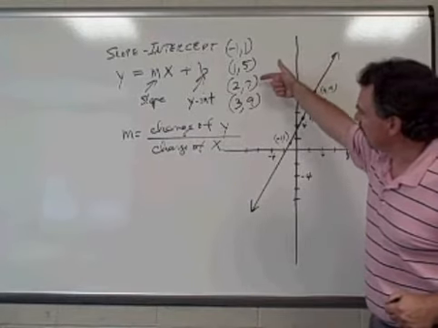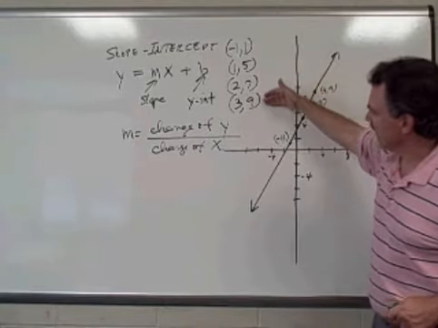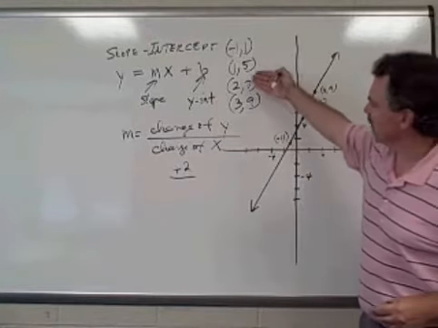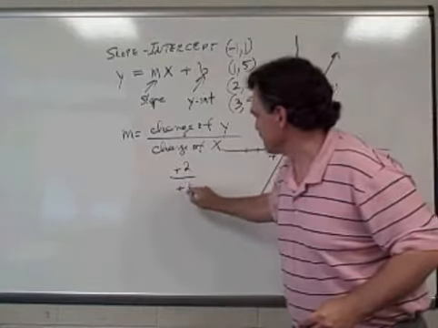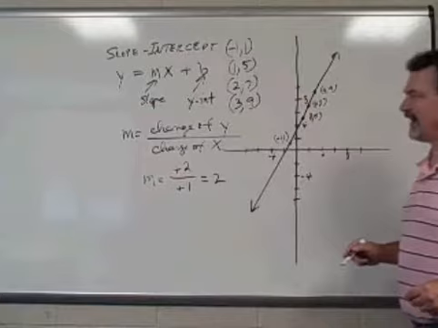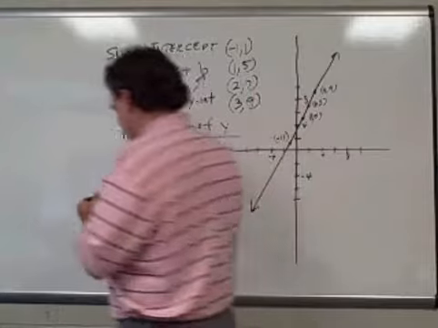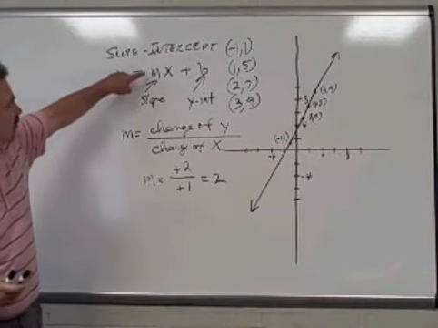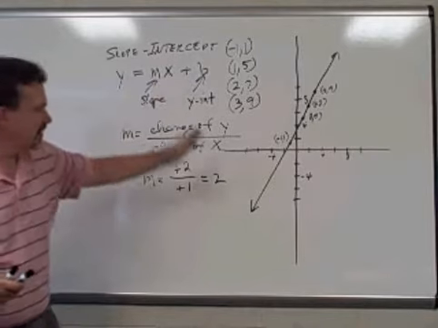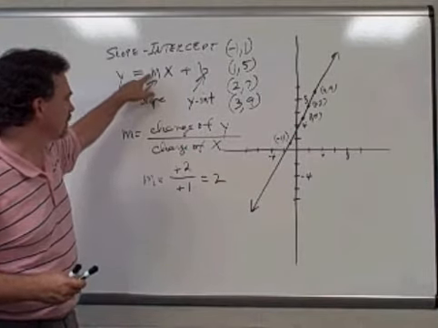Going from the point (2, 7) to the point (3, 9), the y goes from 7 to 9, which is a plus 2 change of y. And the x went from 2 to 3, which is a plus 1 change. So the slope of that line is 2. And we now know that our equation has a 2 for the coefficient of x.